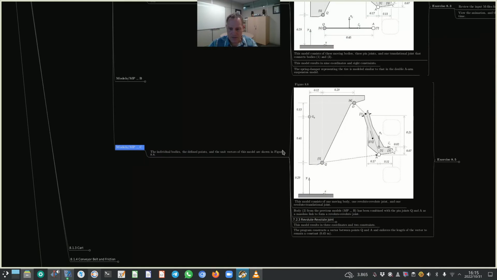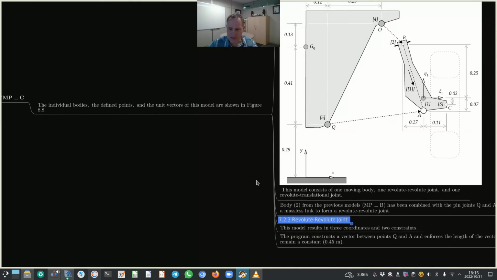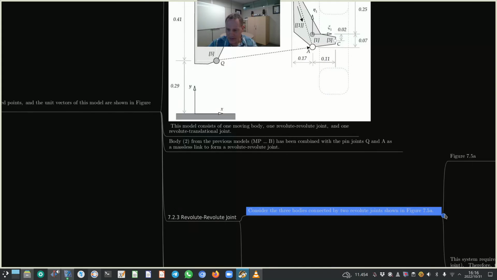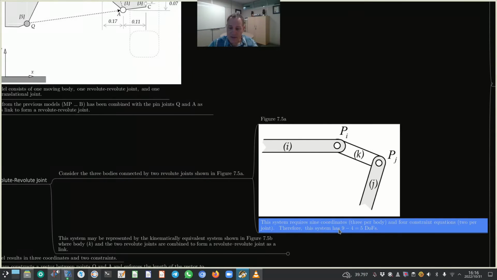Okay. Now in order to do that, let's have a look at subsection 7.2.3. Consider the three bodies connected by two revolute joints as shown in figure 7.5a. This system requires 9 coordinates, 3 per body, and 4 constraint equations, 2 per revolute joint. Therefore, this system has 9 minus 4 equals 5 degrees of freedom.